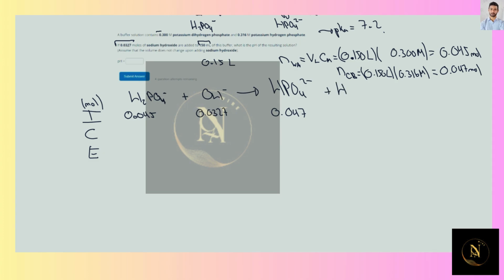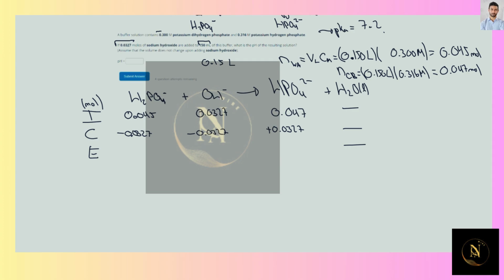Of course, this reaction is also going to generate water, but remember that water doesn't enter the equilibrium equations since it is going to be a condensed phase whose activity is equal to 1. So the amount of change is given by the OH minus added to the solution, 0.0327 minus 0.0327 and plus 0.0327.